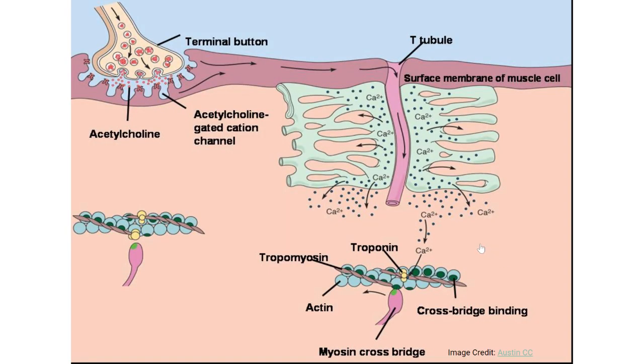Here in this image, we have a broad overview of what is occurring, starting at the neuromuscular junction right here, once again. Once that action potential is propagated at the sarcolemma, it travels down the T tubule, indicated here.